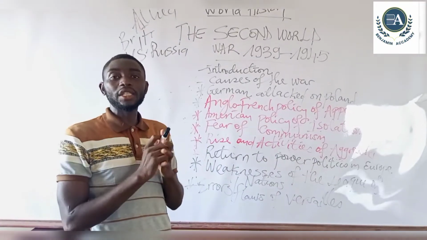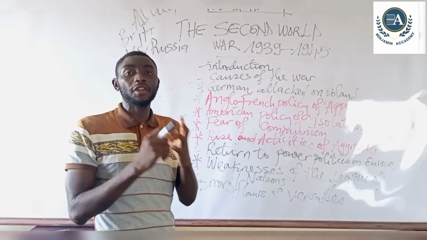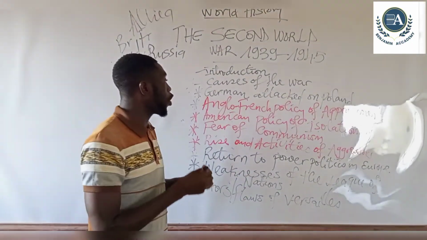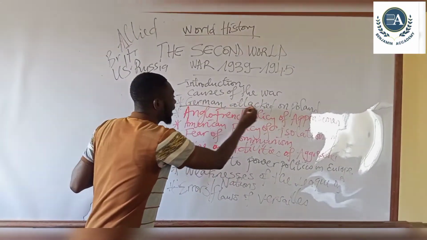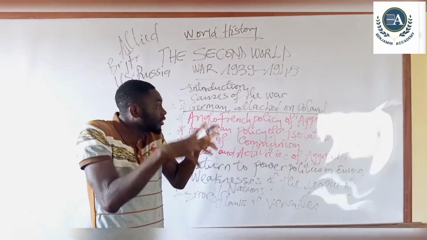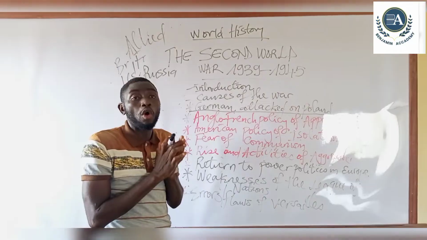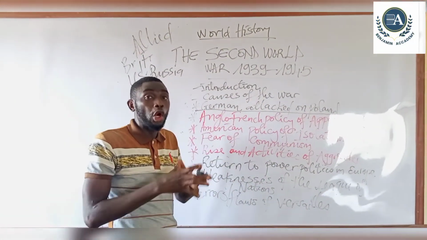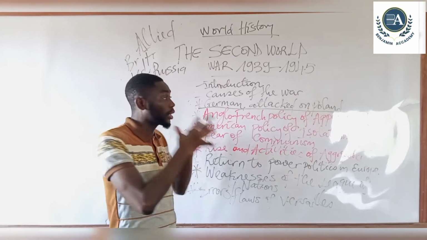The question we should ask ourselves: what were the reasons for the outbreak of the Second World War? The immediate cause of the war was the German attack on Poland. The immediate cause, or the main reason for the outbreak of the Second World War, was the fact that Germany attacked Poland on the 1st of September 1939.